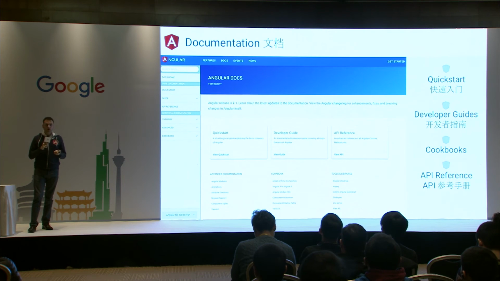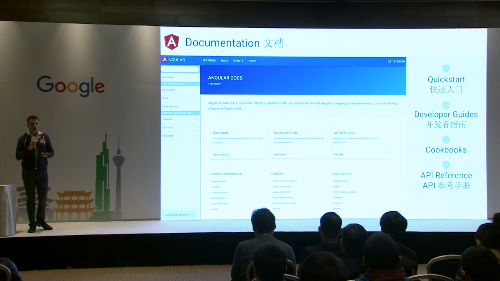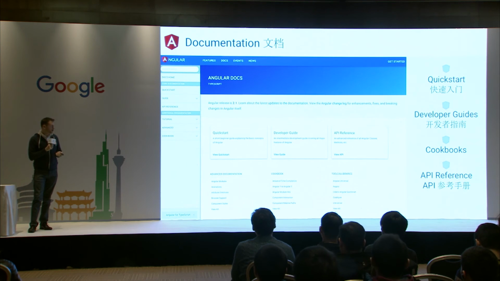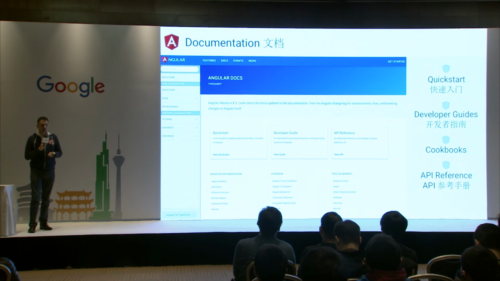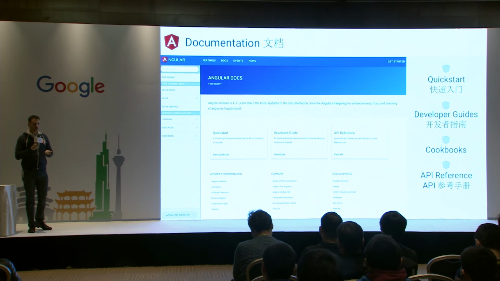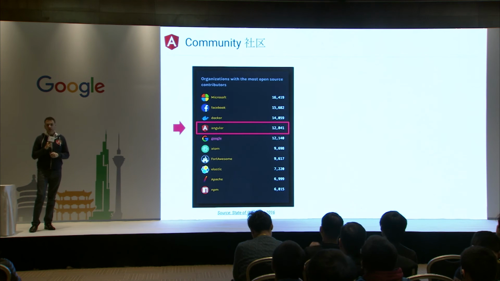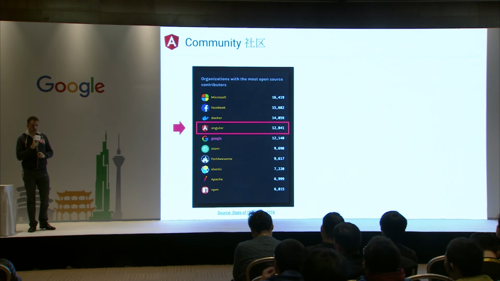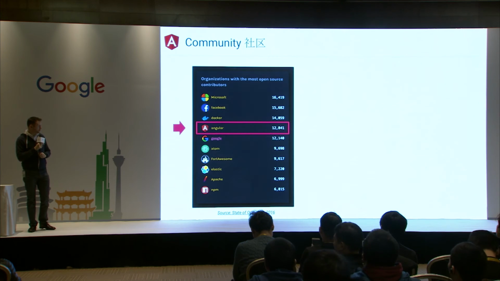Unlike Angular 1, where documentation came much later than the project, we wanted to launch Angular 2 with documentation on day one, and we're very proud to have our own angular.cn domain name where we can host and connect with the Chinese community better. Lastly, community is very, very important to us. And so on GitHub, we were one of the top projects by contributor numbers.